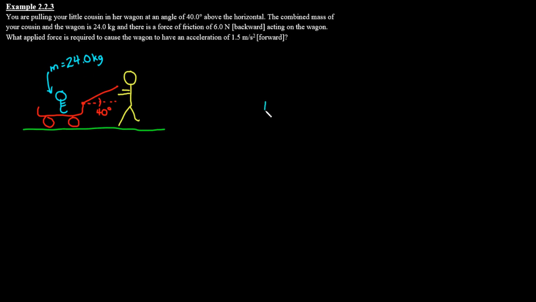So we should always start, especially now that we're getting into more forces and actually having an Fnet, by drawing a free body diagram. So we have our combined mass, which is 24 kilograms. On that object, because we are on a flat horizontal surface, we are going to have the force of gravity. Anything on Earth is going to have the force of gravity, and because we're on a flat horizontal surface, we know we're going to have the force of normal acting straight up.